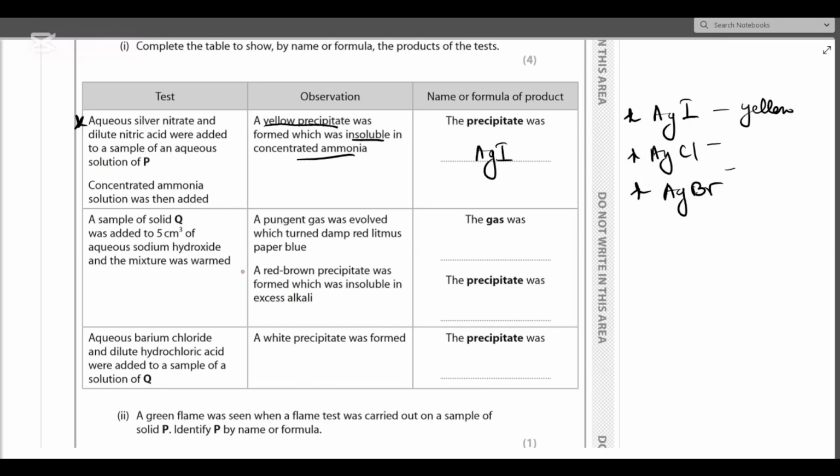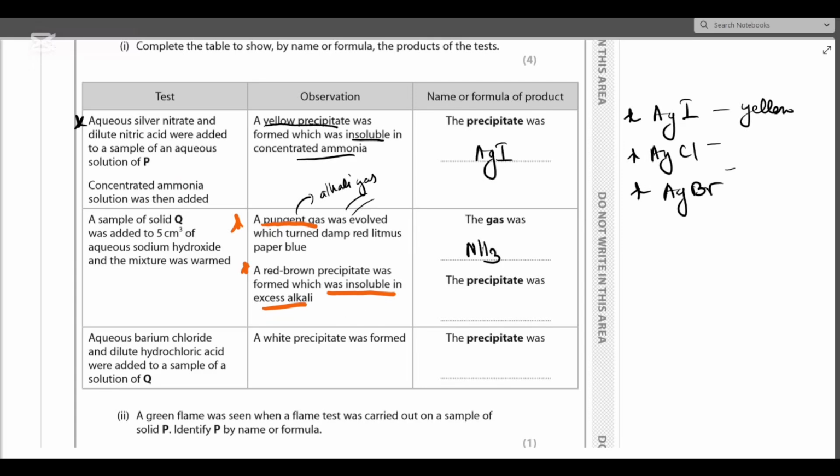Of course, these two clues are very important: it's insoluble in excess alkali, and a pungent gas was evolved. The pungent gas turned the litmus paper blue, which means it was an alkaline gas. And the only alkaline gas taught in the A-level course is ammonia. So we can write that the gas was ammonia.